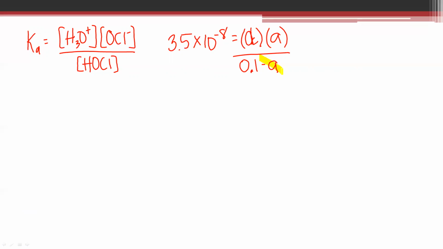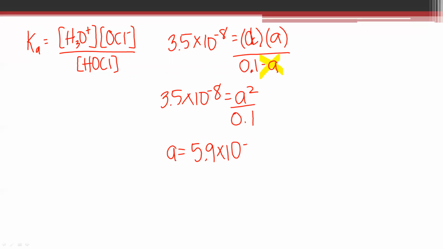So we can take it off anywhere it's added or subtracted. Okay, so then now simplifying, we've got 3.5 times 10 to the negative 8 is equal to A squared over 0.1. And when I solved, I got that A equals 5.9 times 10 to the negative 5.